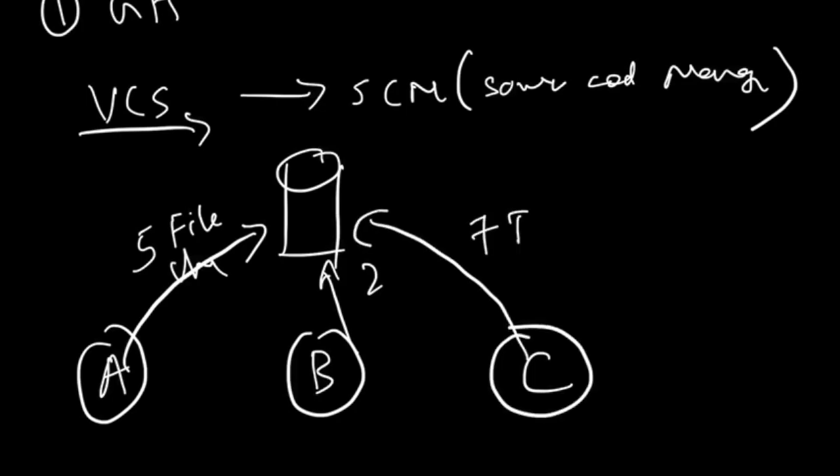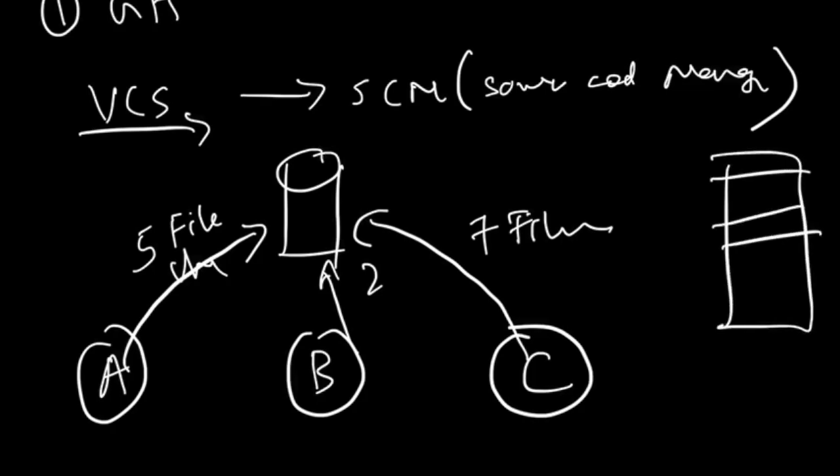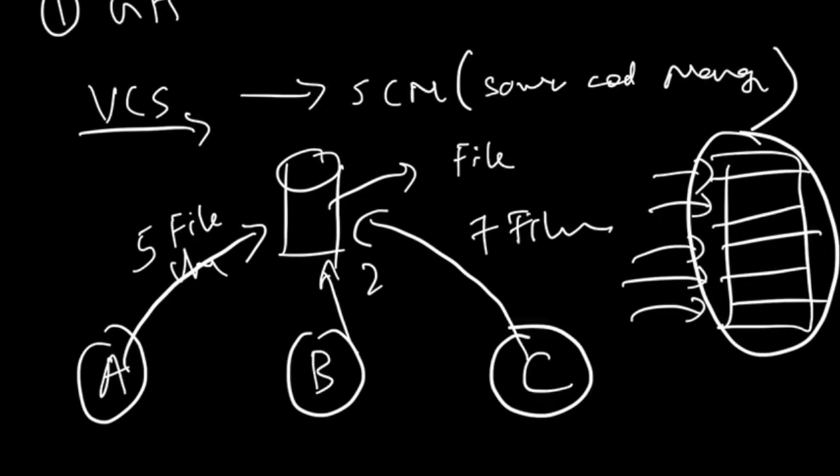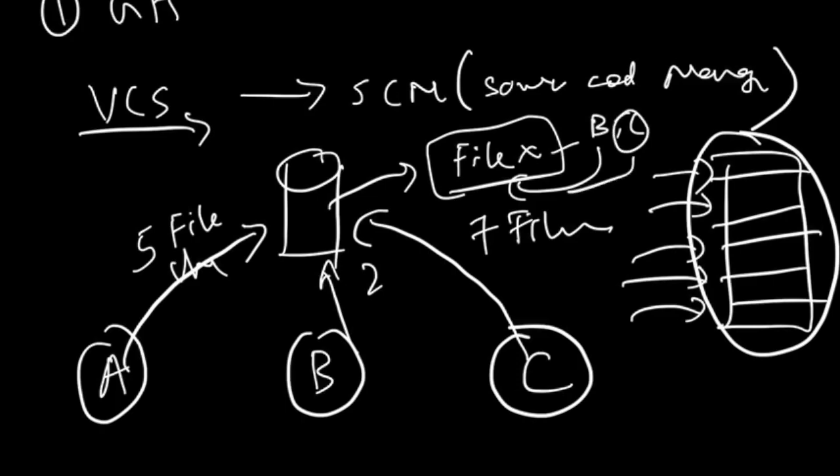So there has to be some ledger which will maintain all these changes done by respective contributor, and it is used to track those changes, so that if some file X has been changed by 2 contributors B and C, we will exactly get to know when this change was done and as part of which date or which author and which commit this change is part of, right? So I use the word commit, so I'll come to that.